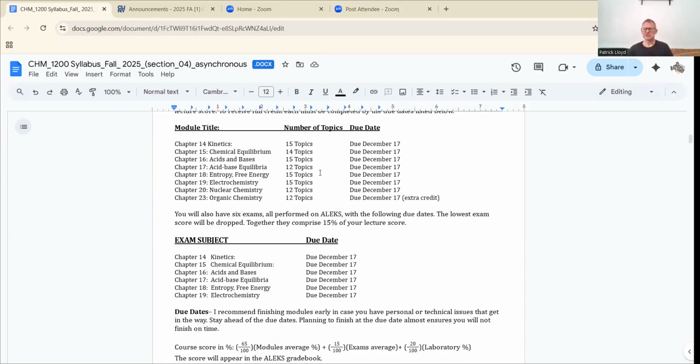The benefit is that if there's some particular week where something happens, maybe in your family or at work, or maybe your boss says work an extra 20 hours this week or you're fired, or you get hurt or sick, making everything due the same day could benefit you in that you won't have to worry about missing a particular assignment because it was due that day.